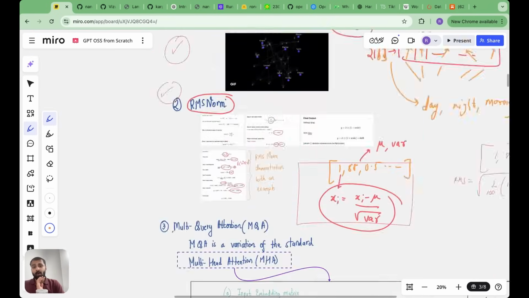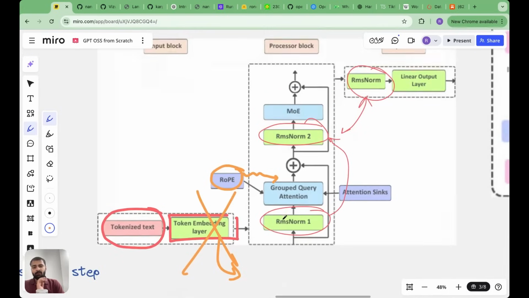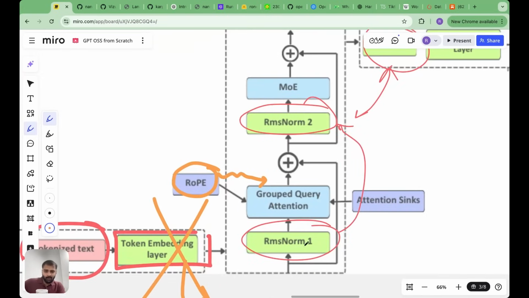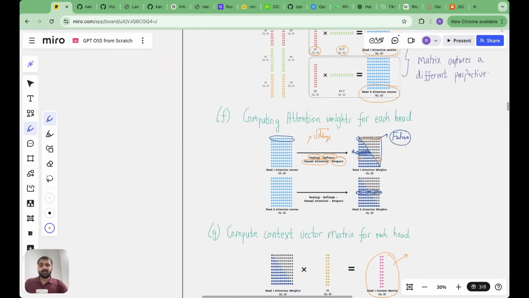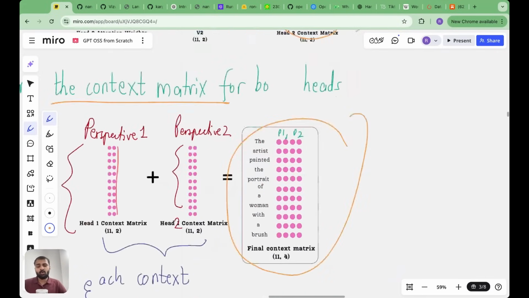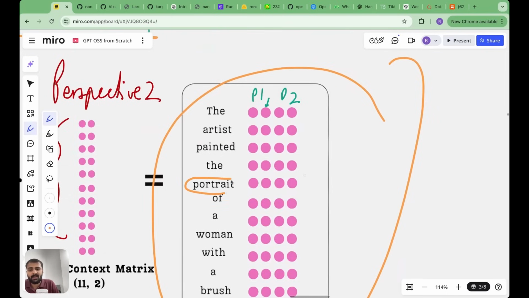So when we come out of the attention block, the vector which goes in is called the input vector. When it comes out, it's called the context vector, because now the input is a lot more enriched with context. And this context vector is also very interesting to note, because if you look at portrait, it now contains the perspective from head 1 and perspective from head 2 both.